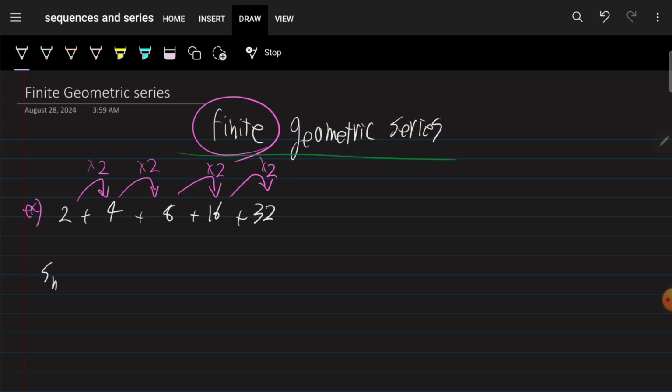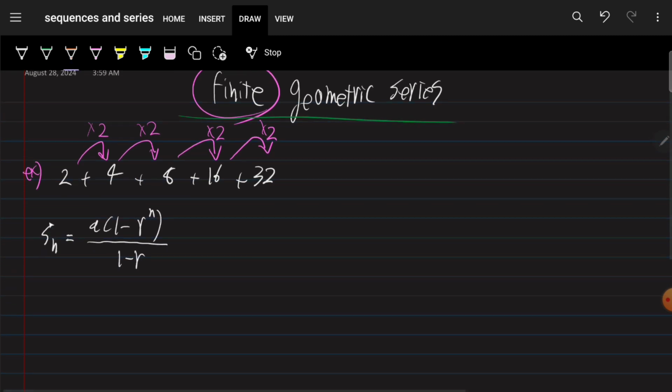So the formula we need for the sum of the first n terms is Sn is equal to a(1 minus r to the n) all over 1 minus r.